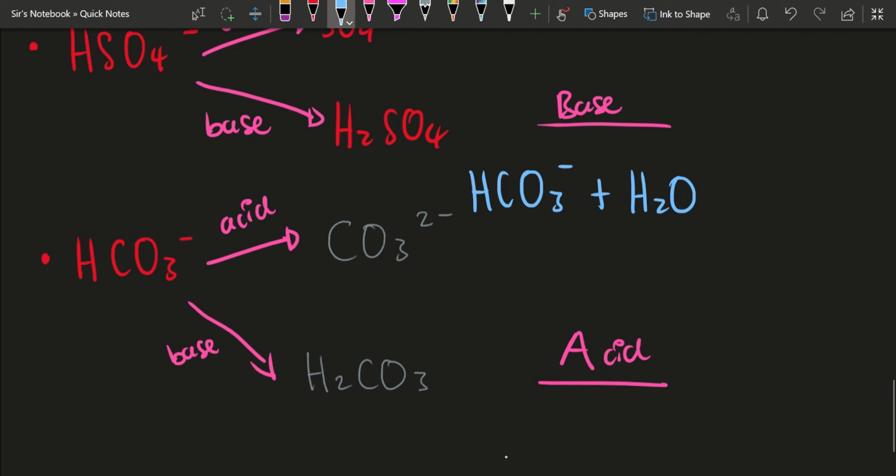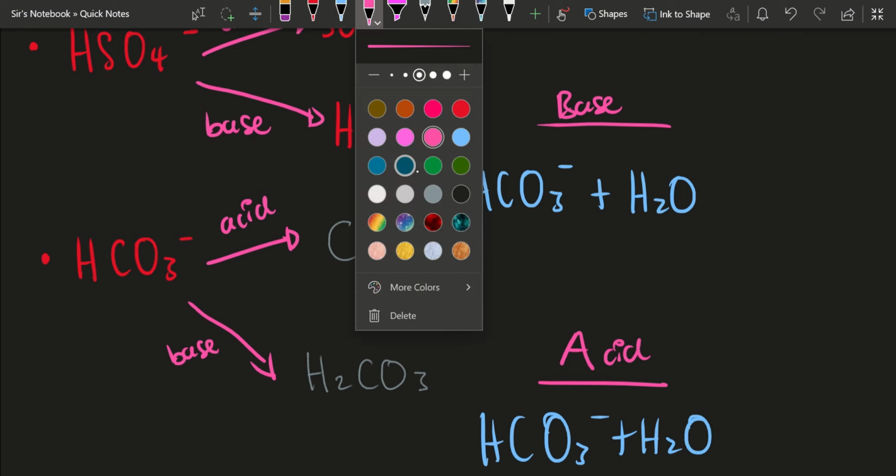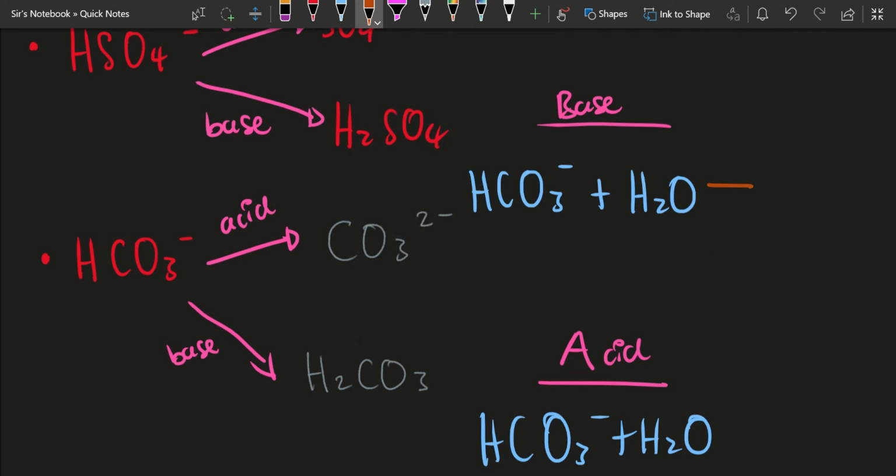I'm just going to rewrite this. So it's HCO3 minus plus water. When it acts as a base, what does it form? If it acts as a base, it's supposed to accept a proton.